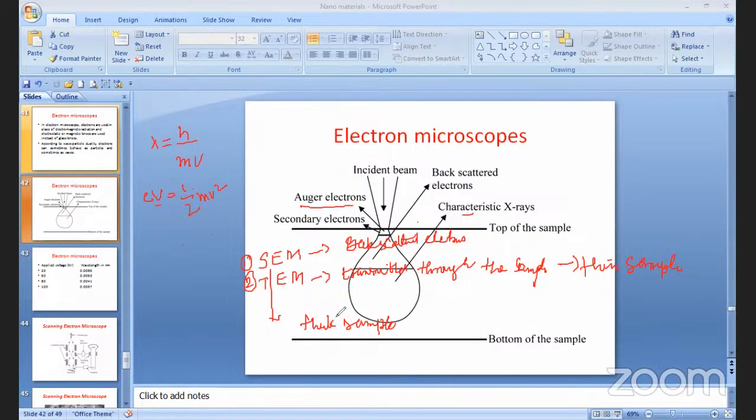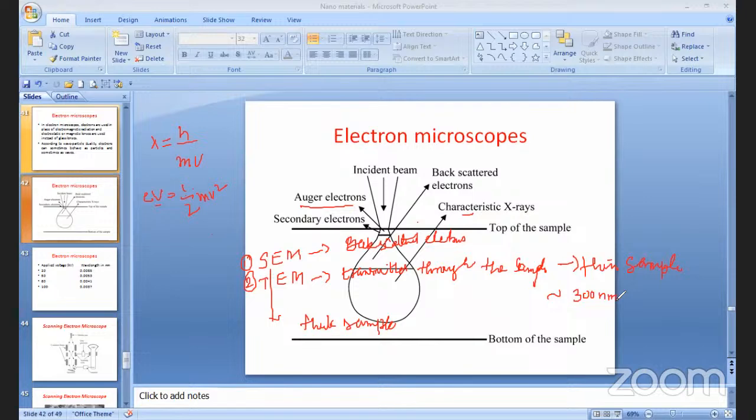In the case of the TEM, as we said, a thin sample is required, and this thin sample should be in the range of around 300 nanometers only.